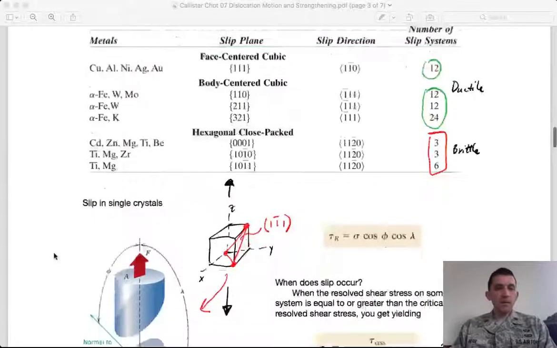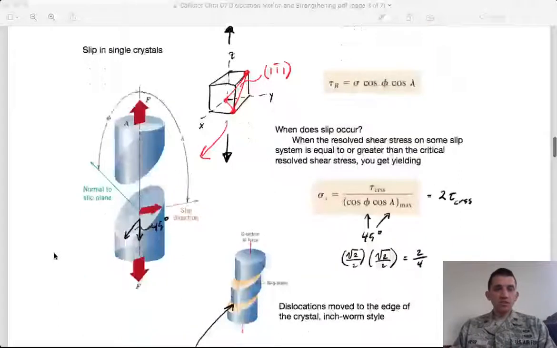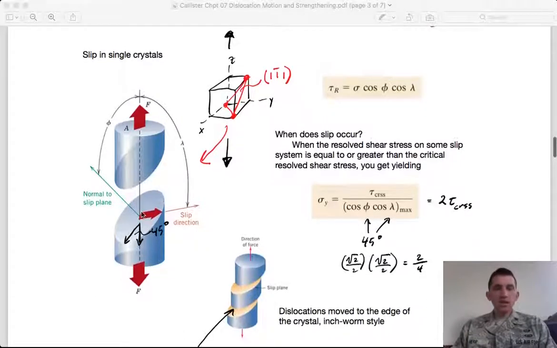And so if we look first at single crystals, say of FCC, we're going to slip along these slip systems. If we have a single crystal with the unit cell aligned along this applied force, we would have the 111 at some angle relative to that applied force, and so what we're going to get is slip that occurs as shifting.